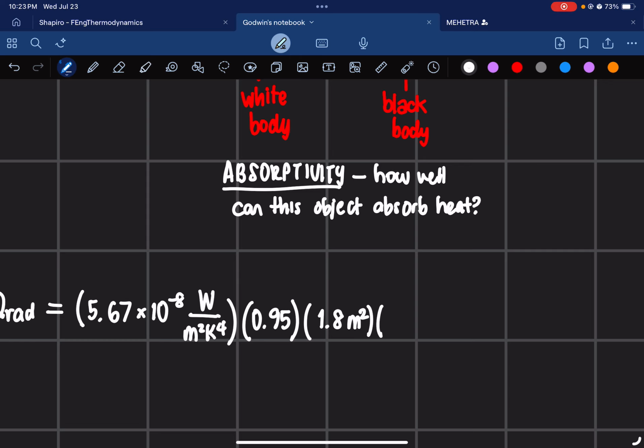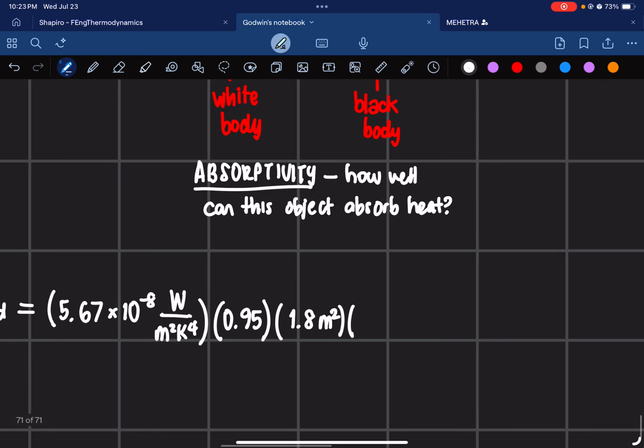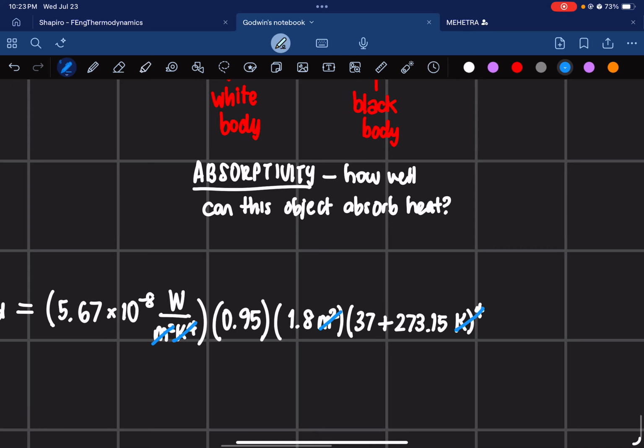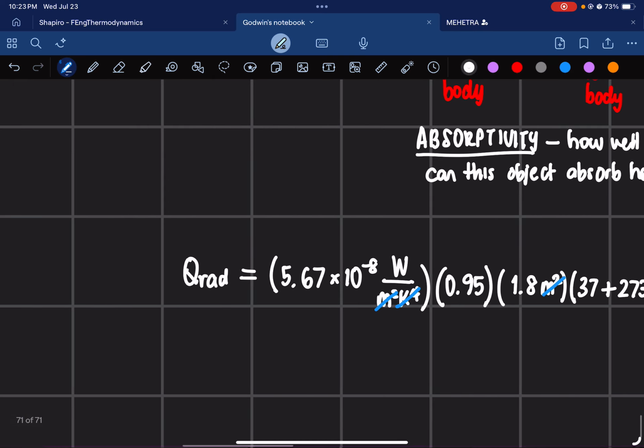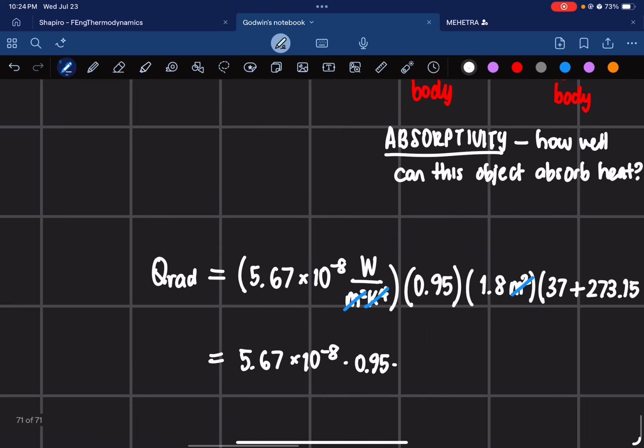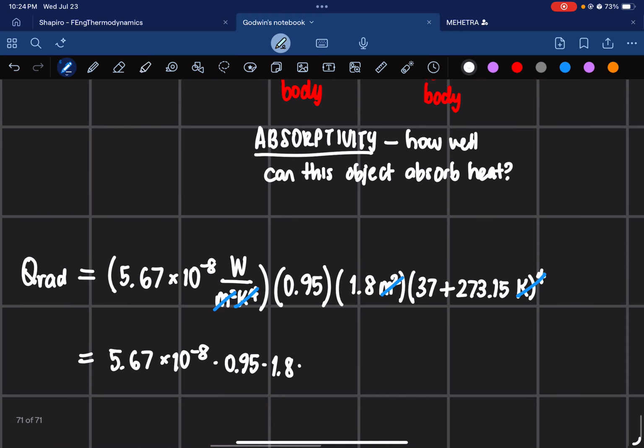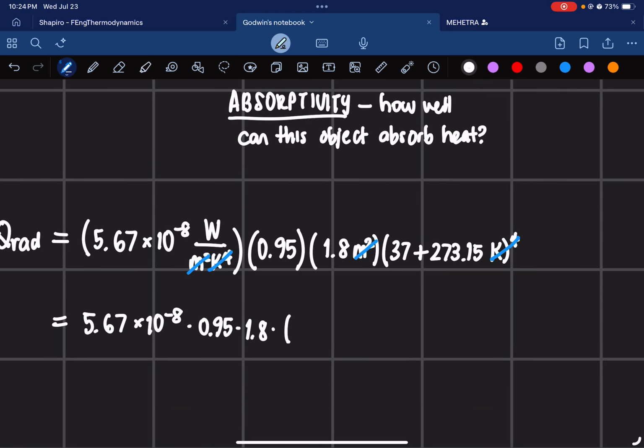And then my temperature. Currently, my temperature, I don't know, is about 37 degrees Celsius. So to turn it into Kelvin, you need to add 273.15, and now it's in Kelvin, and we raise that to 4. Cancel, cancel, cancel. We will now just have the numbers all in watts. 5.67 times 10 raised to negative 8 times 0.95 times 1.8 times 37 plus 273.15, so 310.15, raised to 4.